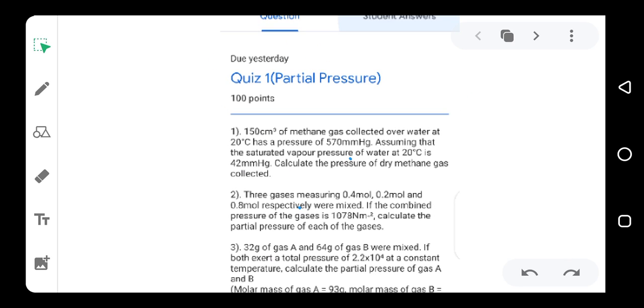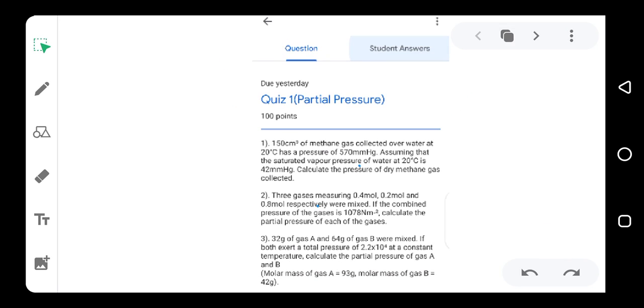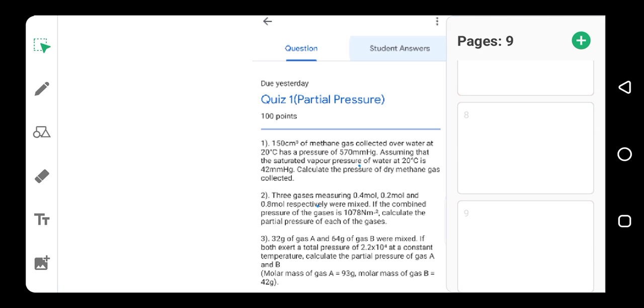Now, molar mass of gas A is equal to 93 grams, and molar mass of gas B is equal to 42 grams. Now we can use the molar mass and the mass given to us to get the number of moles for each of the gases.